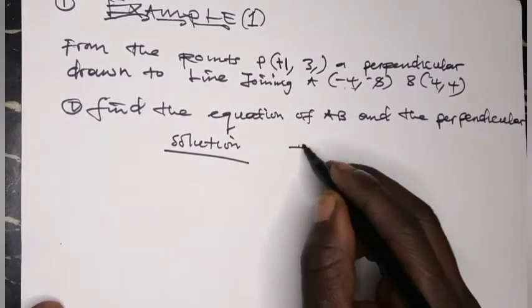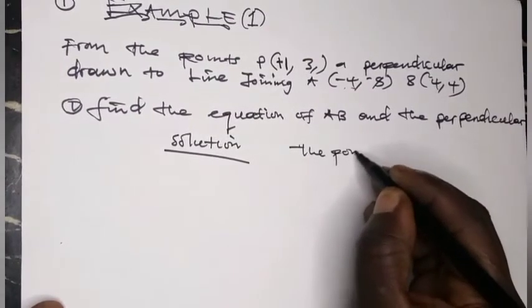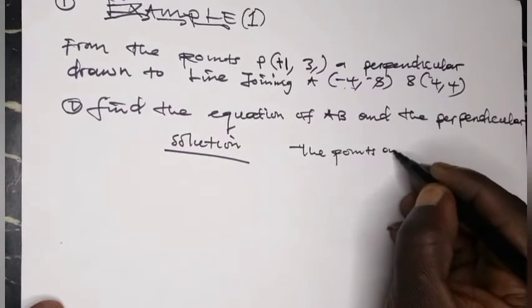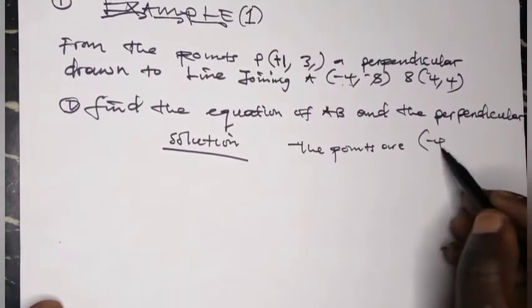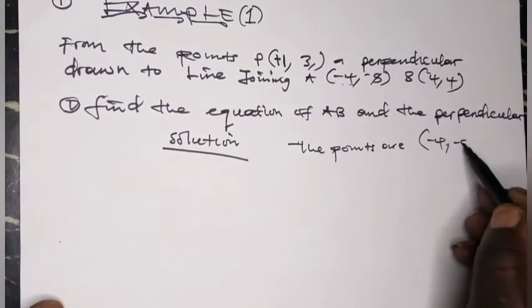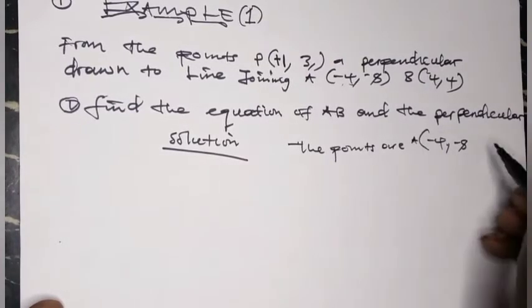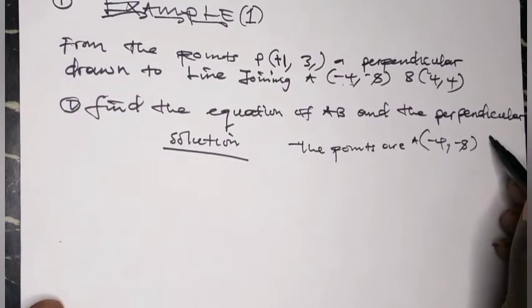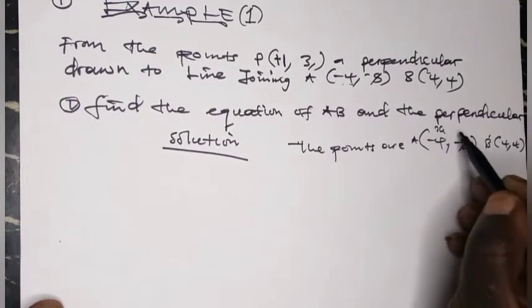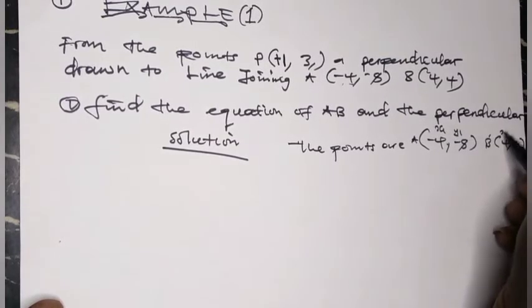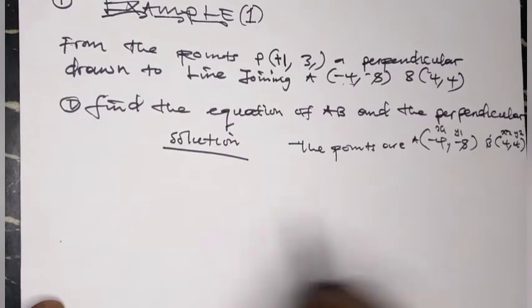Now we are going to get the points which you have been given, which is (-4, -8), which is A, and B (4, 4). Now let's indicate x1, y1, x2, y2.